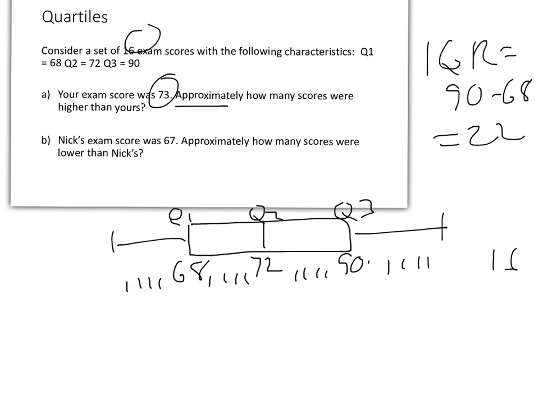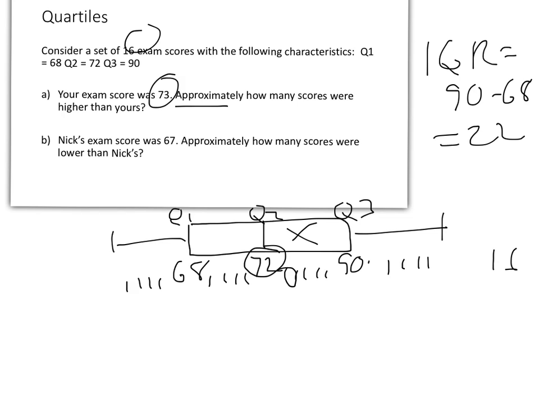All right, so here we have 72, which was our median. My score was 73. Okay, so 73 is just above the median, so it's going to be in this group here, just above this median.